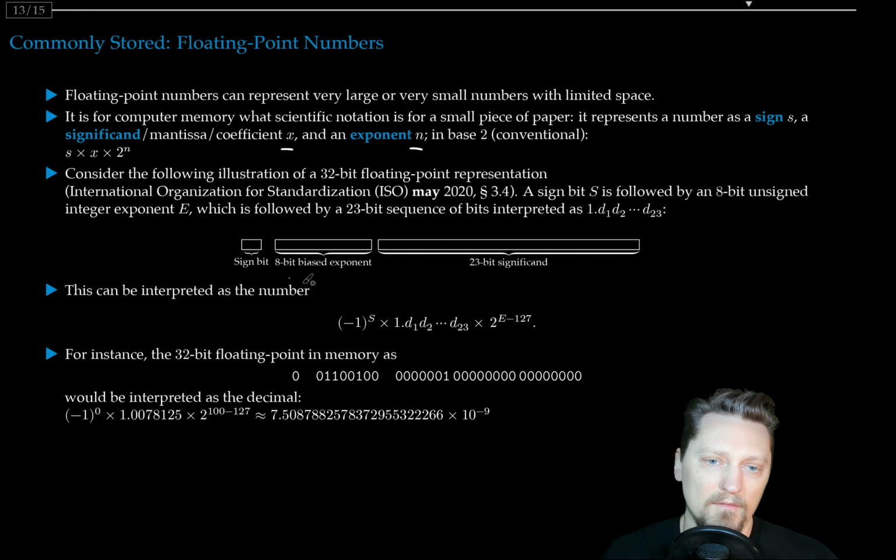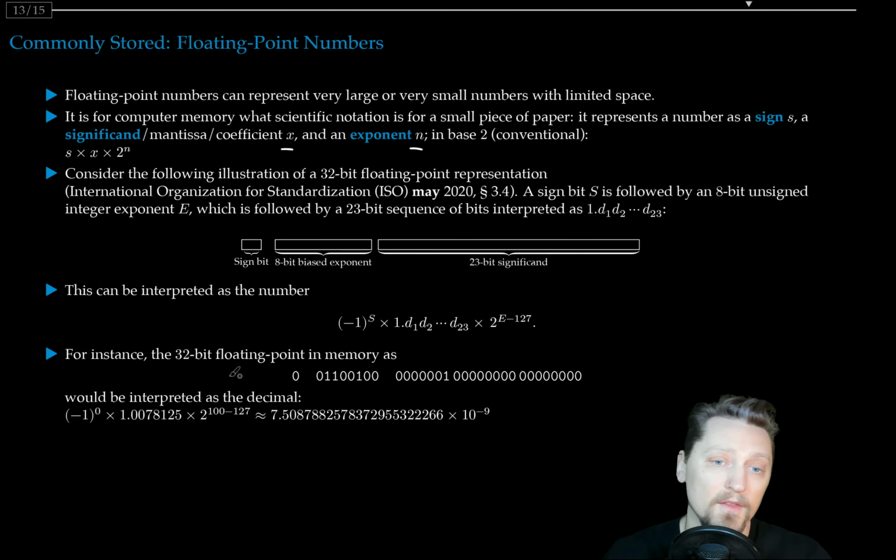So: sign bit, 8-bit biased exponent, and then 23-bit significand. This can be interpreted as the number -1 raised to the s, so that's the sign that turns it positive or negative, times 1 point d1 through d23, times 2 raised to the e minus 127. That's the bias in the exponent.